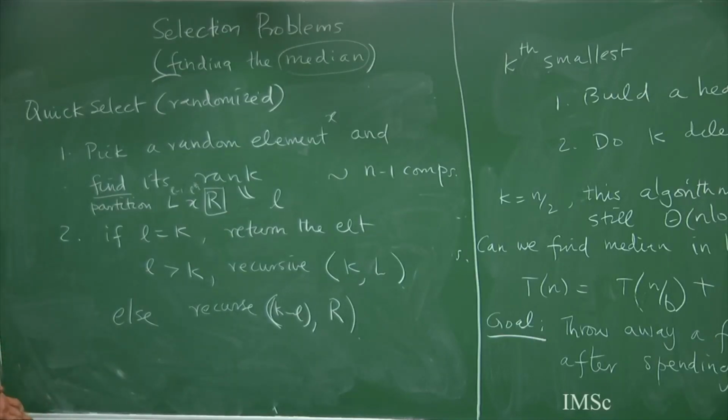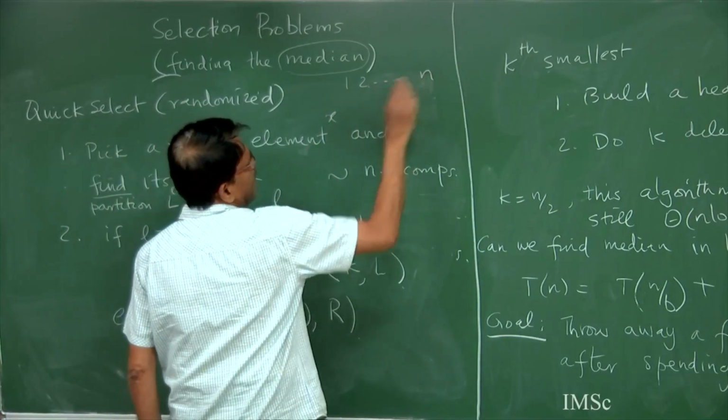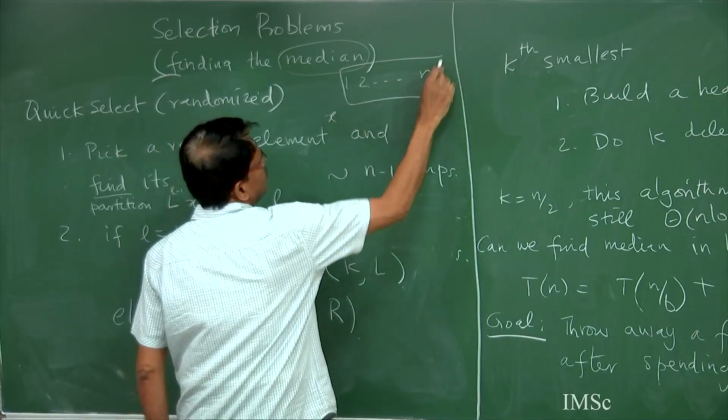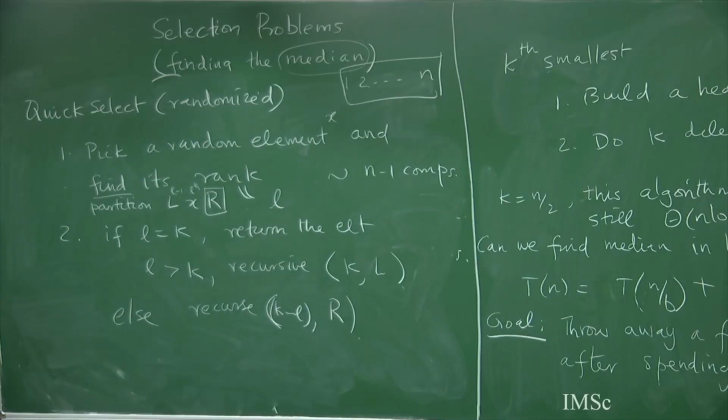Okay. So, let us see what is the probability that I end up throwing away 1/4 of the elements. I have all these n possible ranks for my element x, right, and then I partition, and depending on k and the rank of that x, I just go and recurse onto one side.